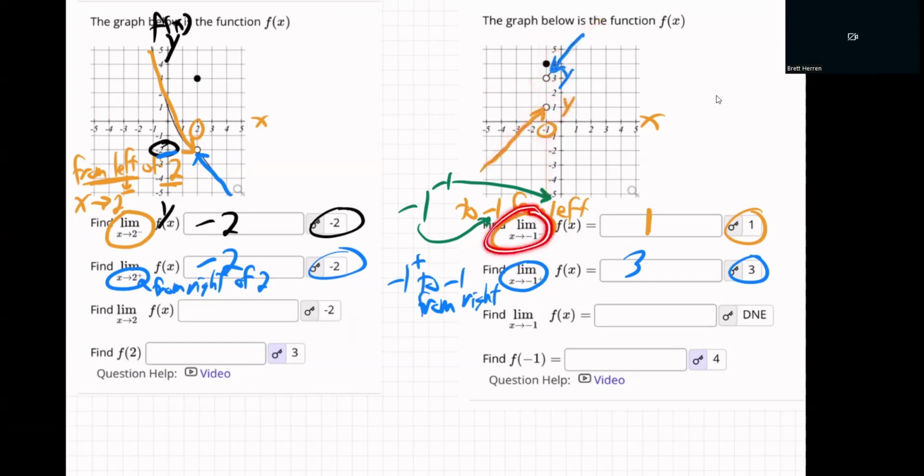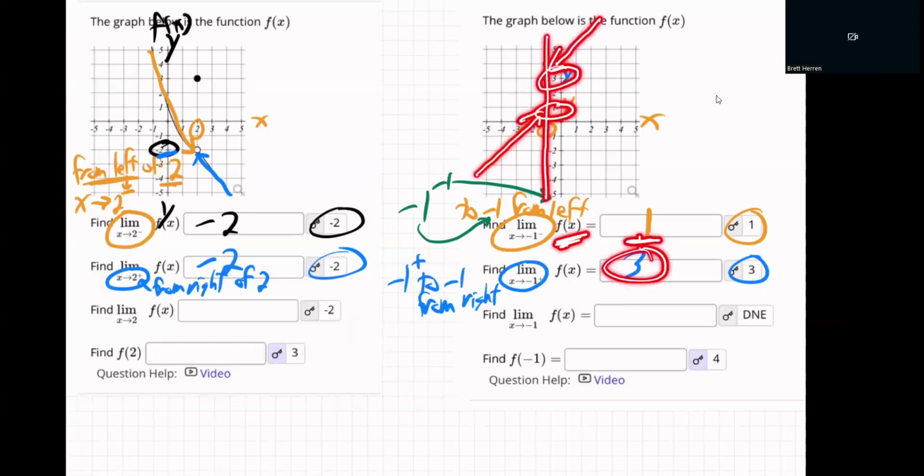The limit, as you get really close to negative 1 from the left side of negative 1, is you're going to an x value on the x-axis of negative 1. As you come from the left side, it looks like your height, your f of x, your y, is coming in at a height of 1. But as you come from the right side to hit x is negative 1, you're coming in at a height, the y value, function value of 3.